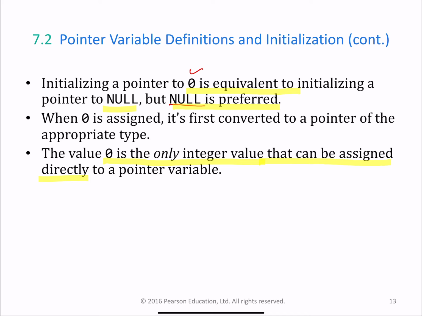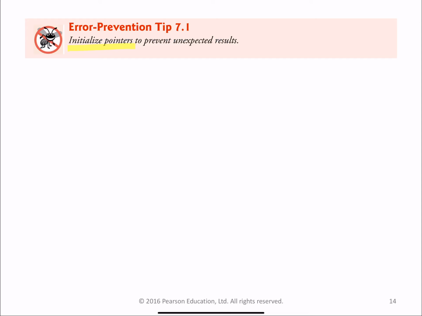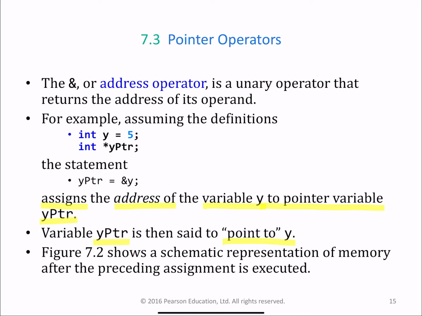If you try to assign any other integer value to a pointer variable, that will not work. So let me just reiterate one last time. Make sure you initialize pointers unless you want to see your program crashing perhaps.